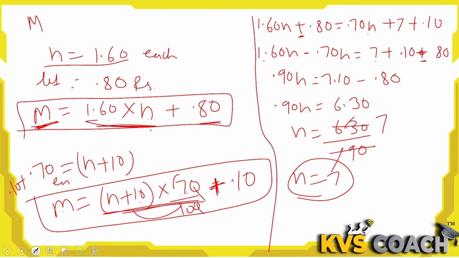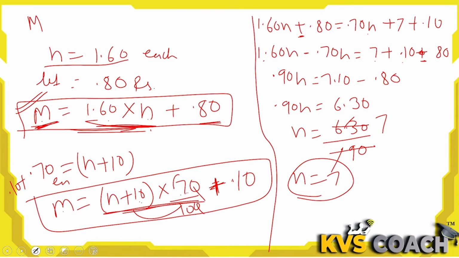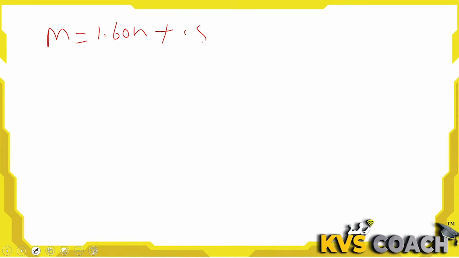Now we have to put the value here, in any equation. Okay, I am putting the value in the first equation. The equation is m is equal to 1.60n plus 0.80. Now I am putting the value of n, that is 1.60 into 7 plus 0.80.